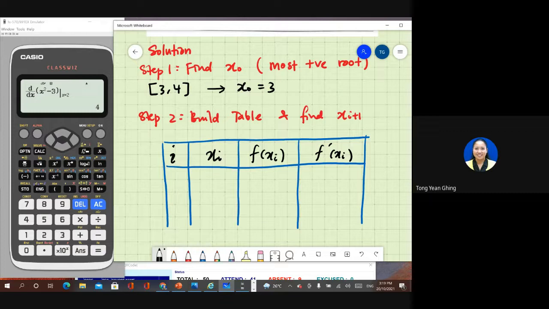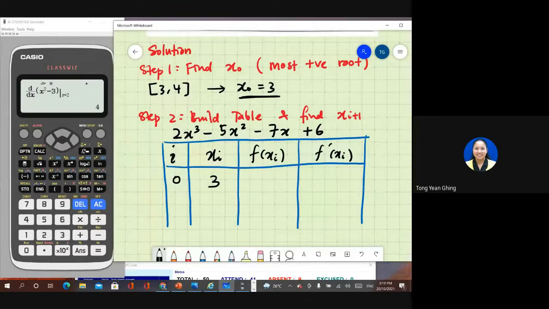The equation just now is 2x to the power of 3 minus 5x squared minus 7x plus 6. Okay, so this starts from iteration 0. Just now we chose x naught is 3, that's why here we put 3.